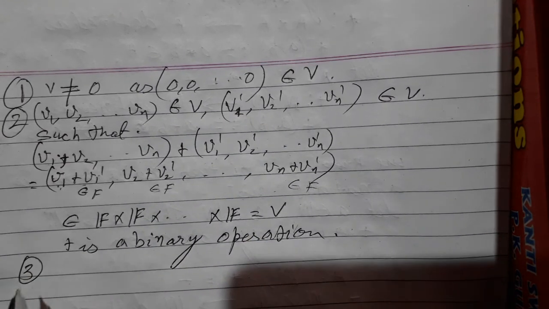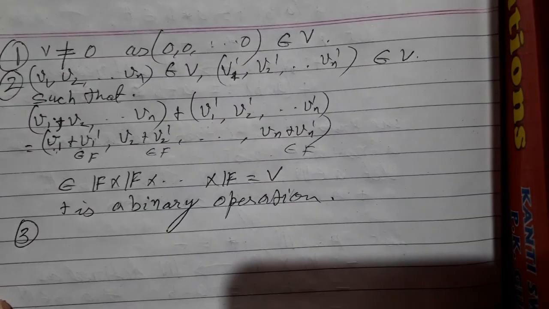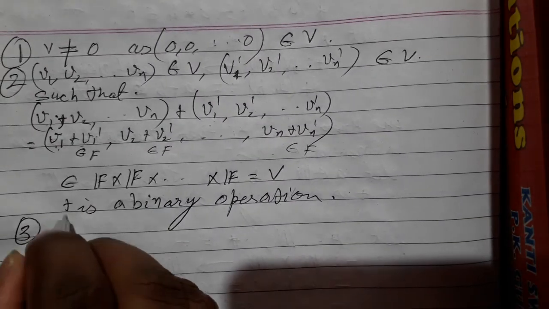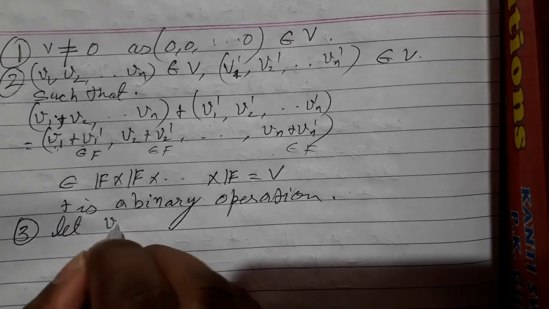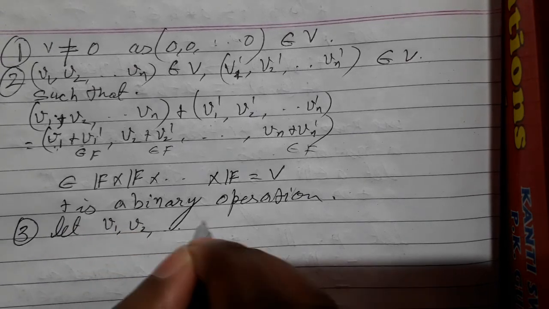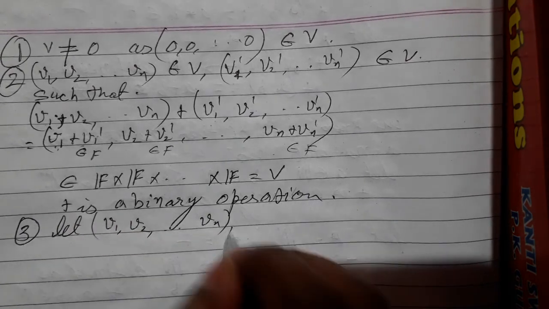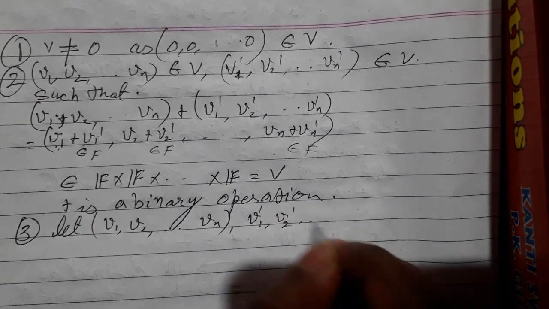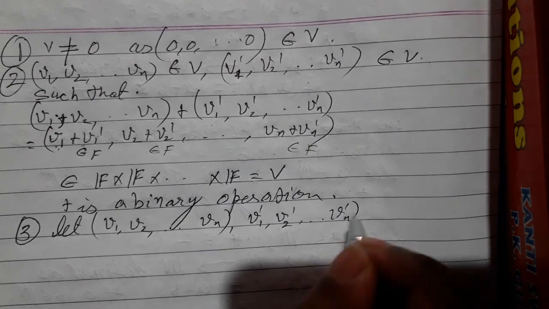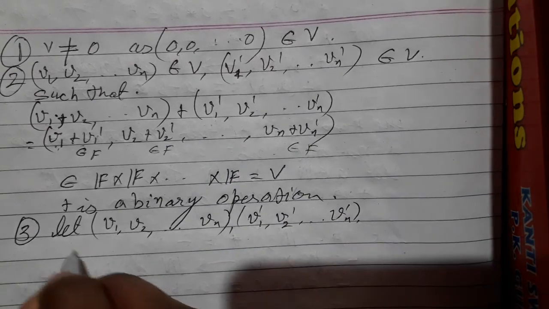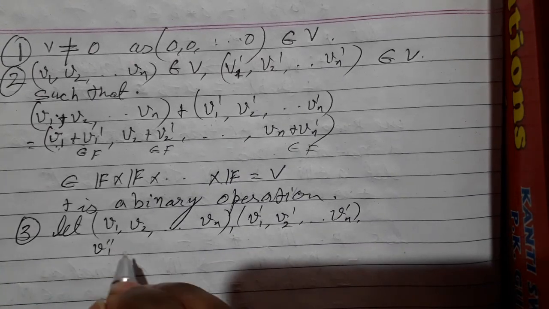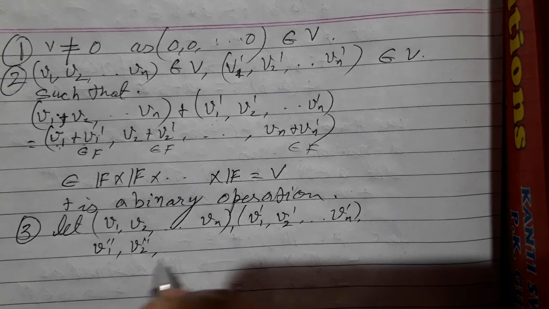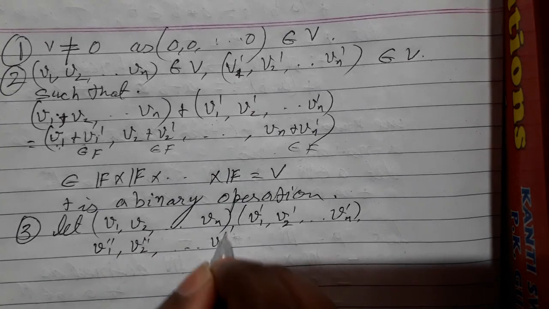Next, associative. So I'll take three vectors from V: (v1, v2, ..., vn), and (v1 dash, v2 dash, ..., vn dash), and another vector (v1 double dash, v2 double dash, ..., vn double dash).